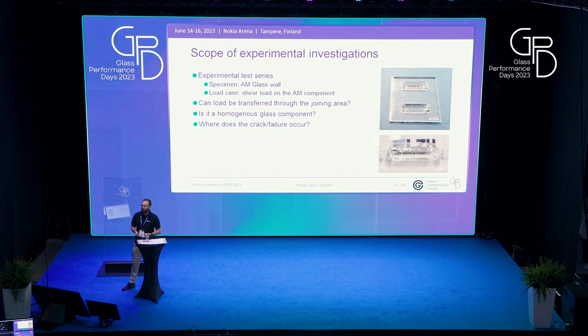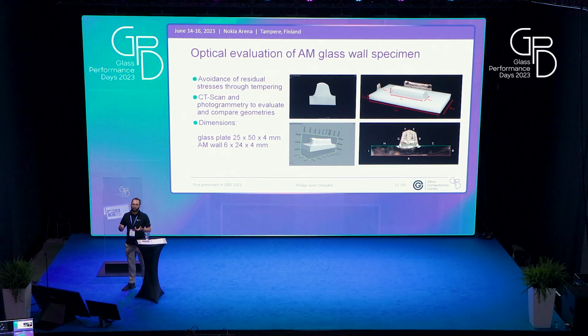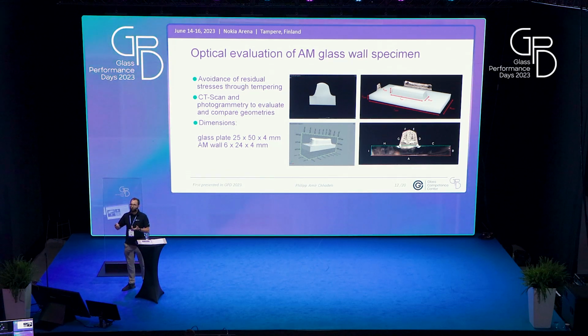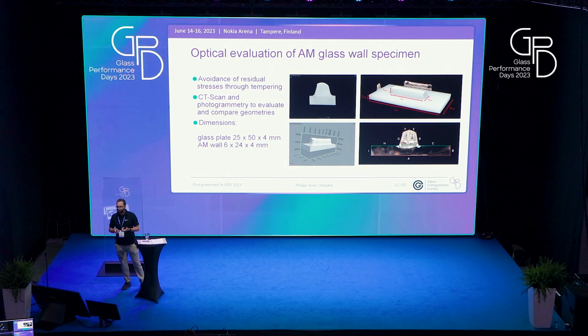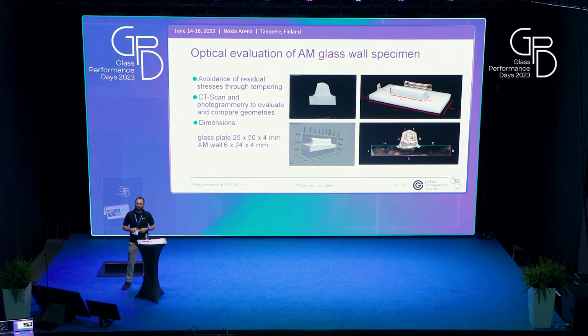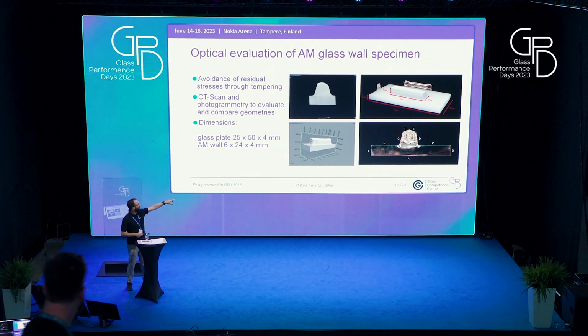First things first, we had to check for residual stresses in the specimen due to it being quartz glass, and the residual stresses could be annealed in a tempering process. Then we did a CT scan and also a photogrammetry scan of the objects. So we have the digital twin, you could say, of these objects. What we're looking at is in the bottom right.